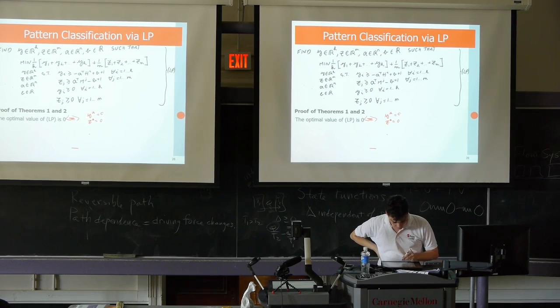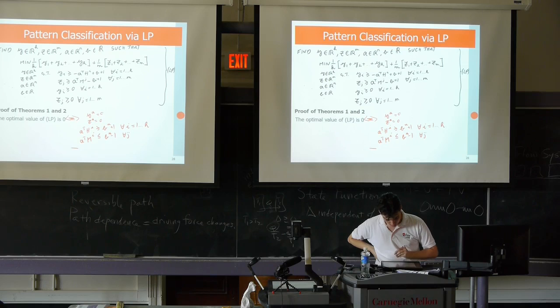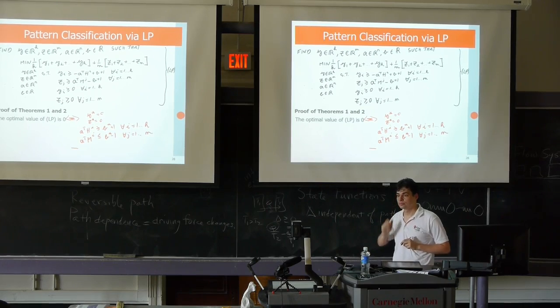And in that case, A transpose H_i is bigger than B star plus 1 for all i from 1 to H. And we also have that A transpose M_j is less or equal than B star minus 1 for all j in the M group.